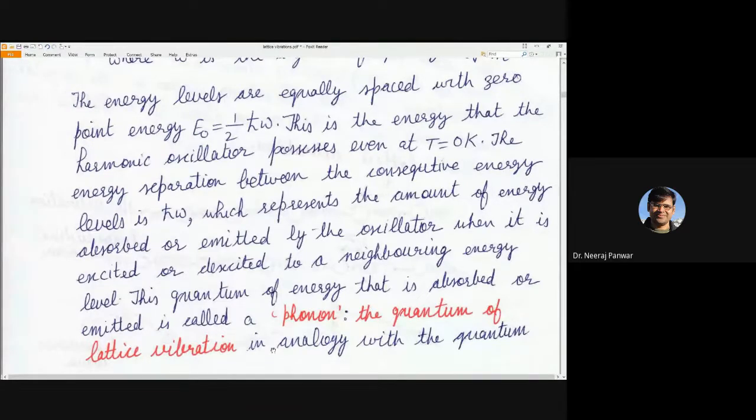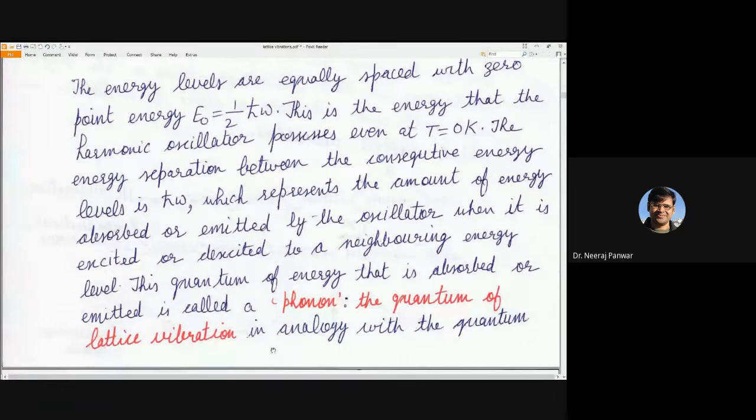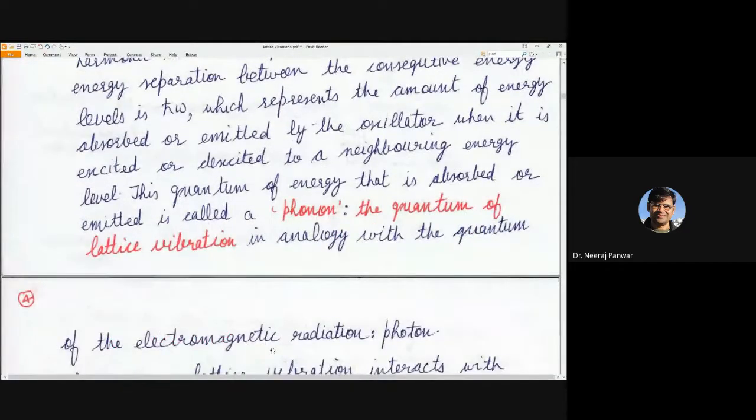It can absorb energy h cross omega, 2 h cross omega, and similarly it can emit energy h cross omega, 2 h cross omega, like this. So the quantum of lattice vibrations is known as the phonon, in analogy with the quantum of electromagnetic radiation, which is known as the photon.